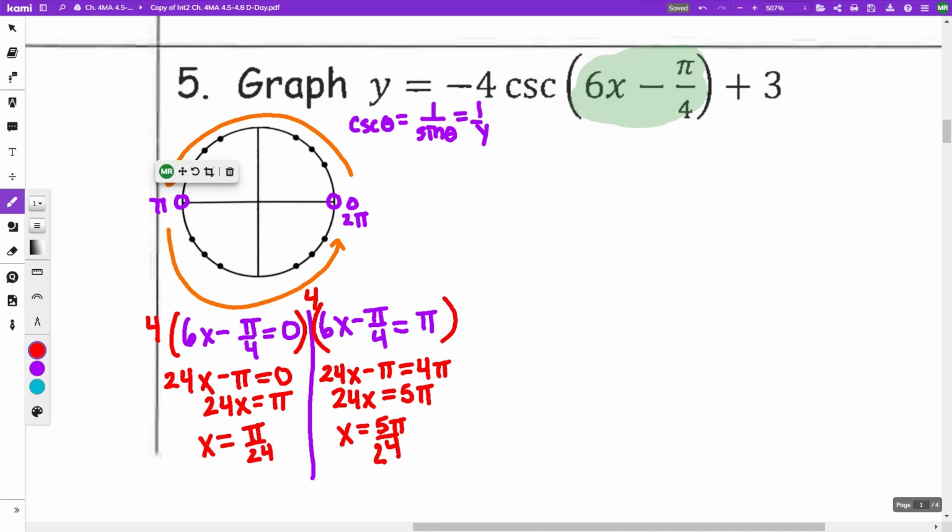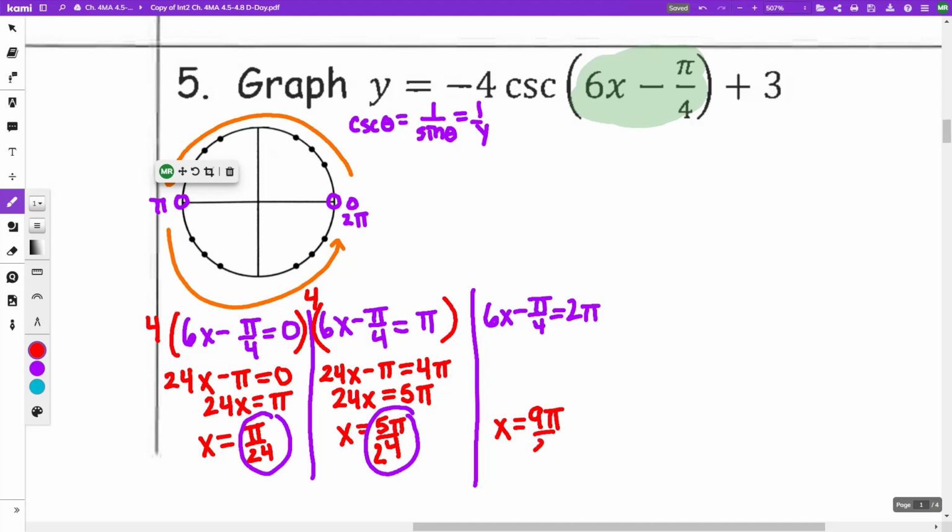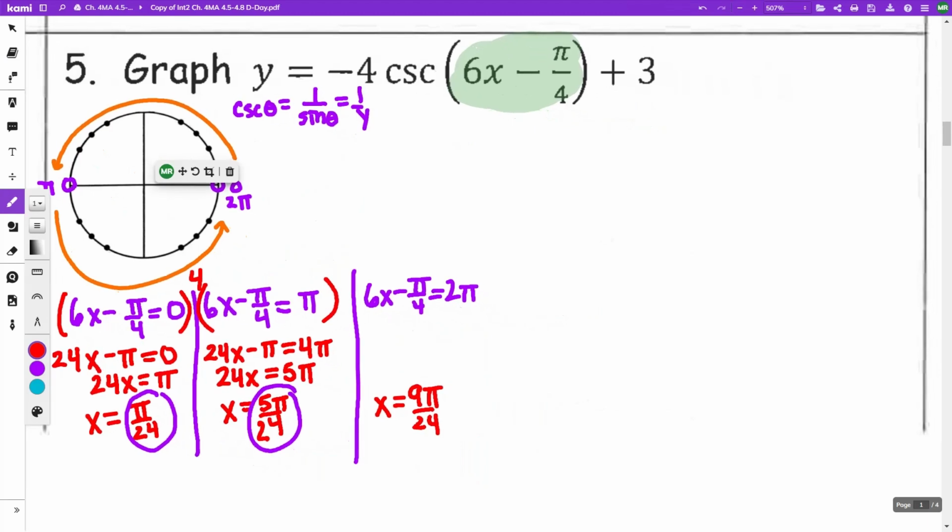So I know that my third one, which I could work out and set equal to 2 pi, but looking from pi over 24 to 5 pi over 24, this one is going to be 4 pi over 24 beyond that, which is 9 pi over 24. So that's where that third asymptote is going to be.